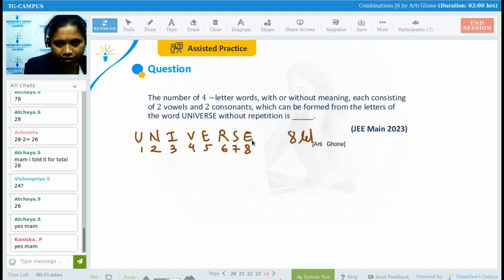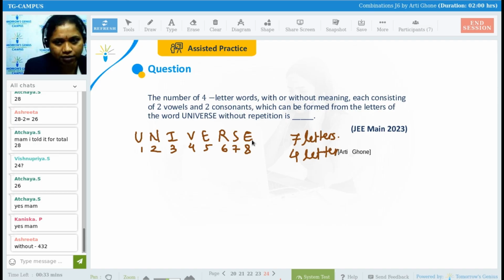So out of 8 letters, if I cancel the repeated E, I'm just taking 7 letters. Is there anything repeating? No.